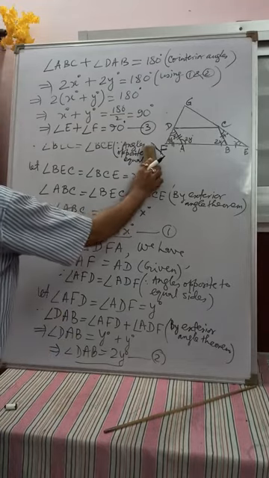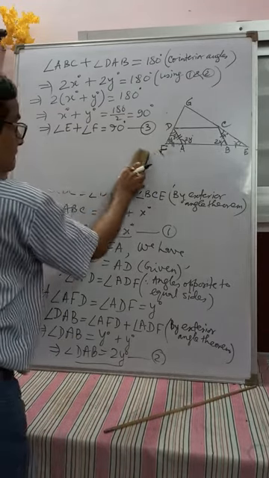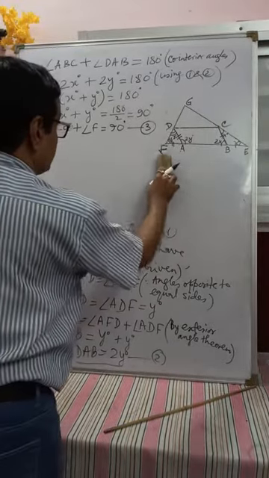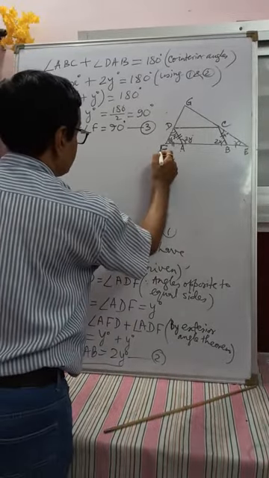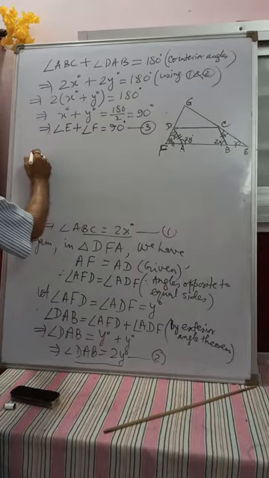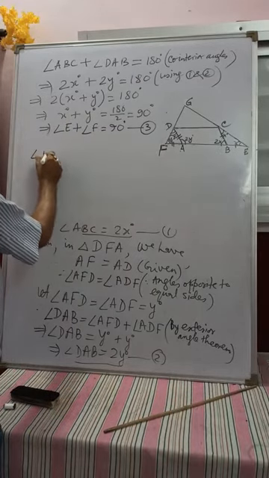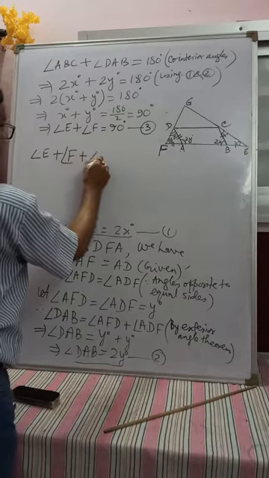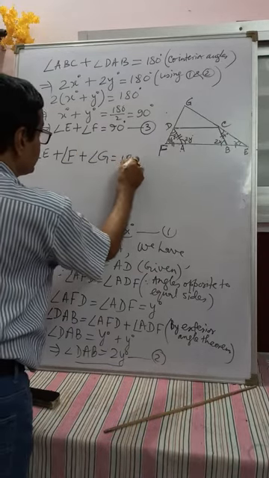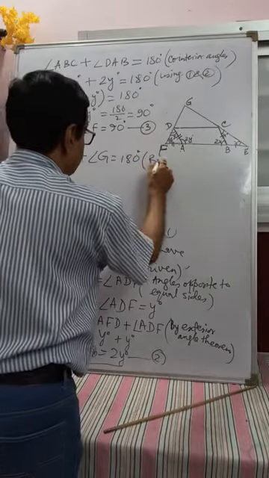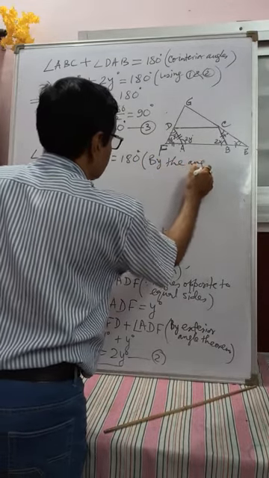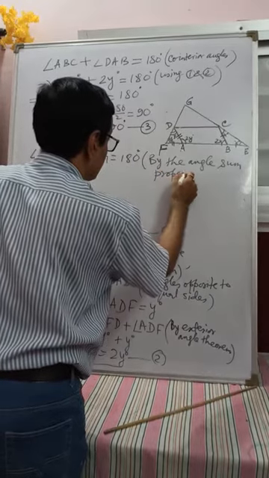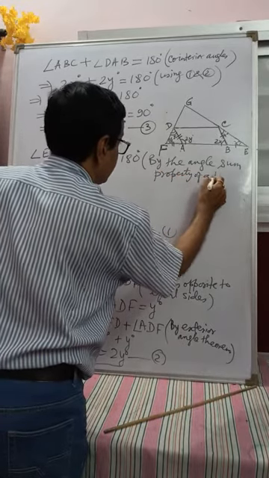Now by the angle sum property of a triangle, we can say angle E plus angle F plus angle G is equal to 180 degrees.